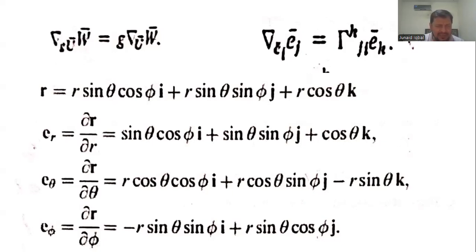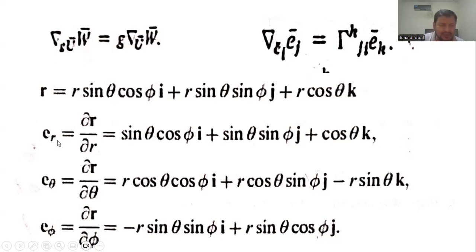Similarly, if we take the partial derivative of the position vector r with respect to theta, it is known as E theta, another basis vector, and it will be equal to r cos theta cos phi i plus r cos theta sine phi j minus r sine theta k. Similarly, if we take the partial derivative of r with respect to phi, it is represented by E phi, and it will be equal to minus r sine theta sine phi i plus r sine theta cos phi j.